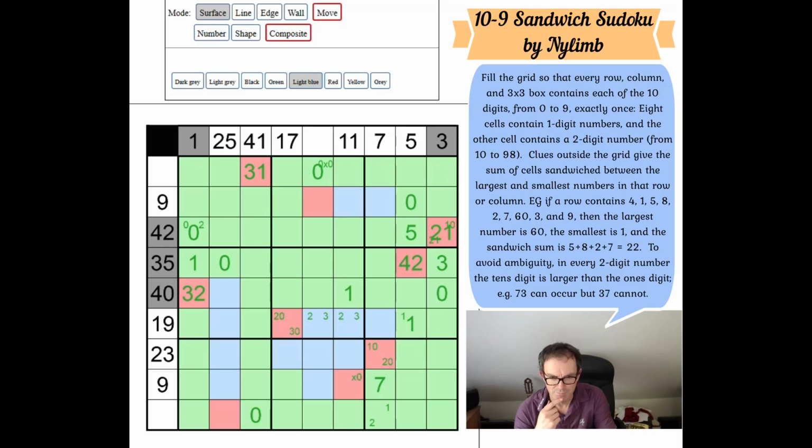Okay. Wow. Well, I suppose that's useful. I've used this clue now. I've used this clue, but I can't make out the difference between the 1s and the 2s.